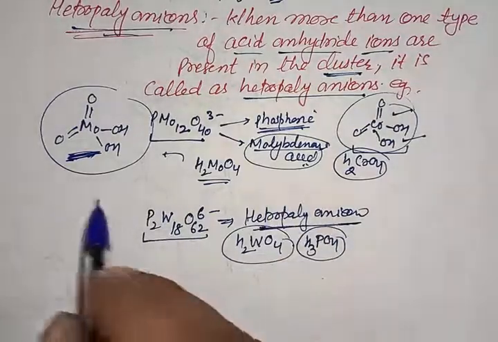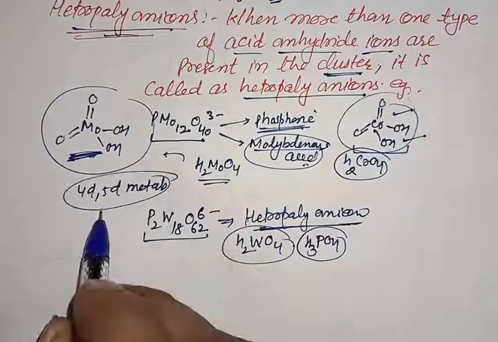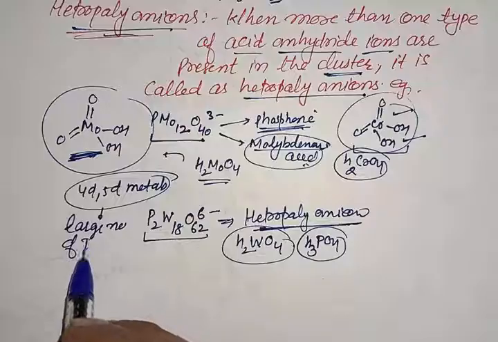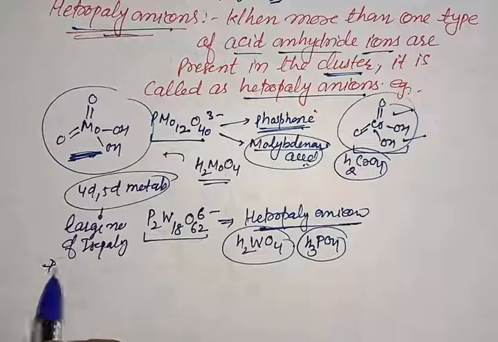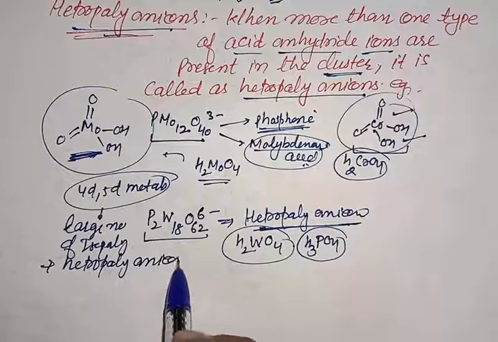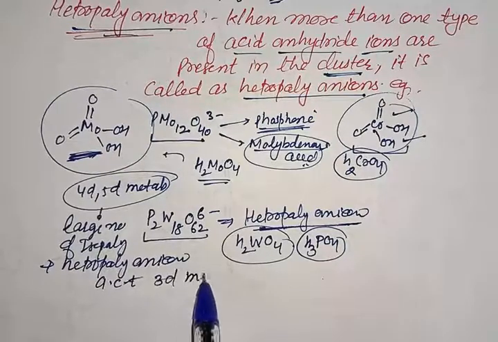The 4D and 5D metals form a large number of isopoly and heteropoly anions as compared to 3D metals.